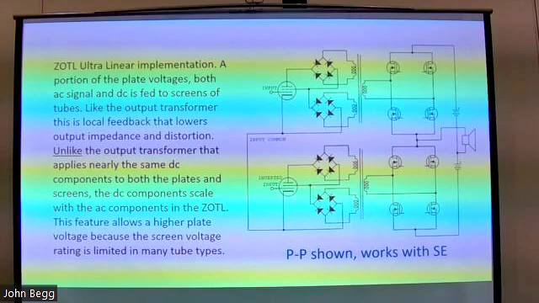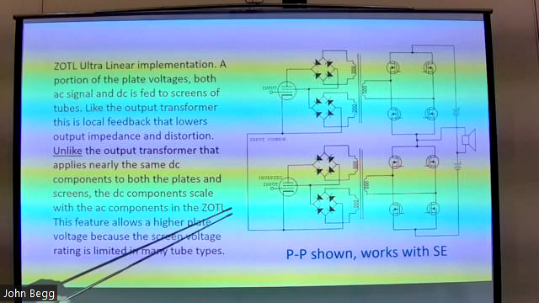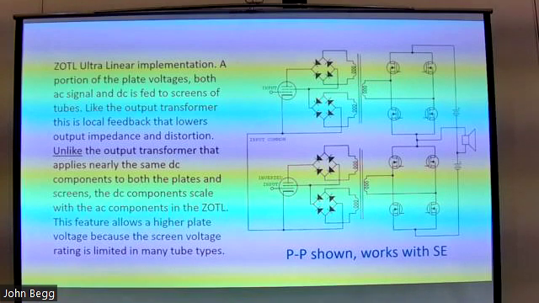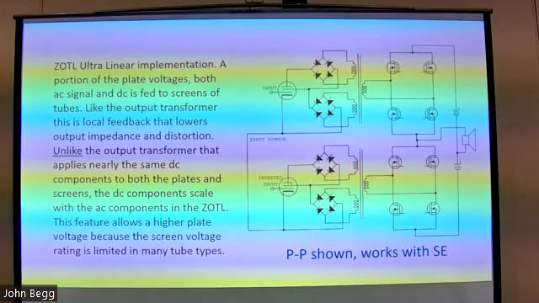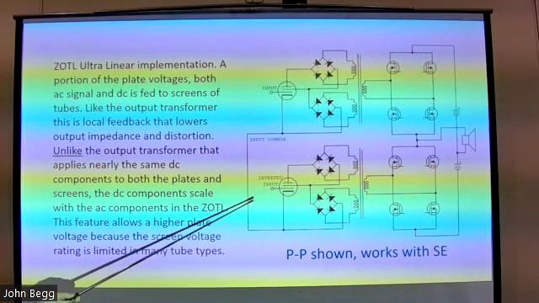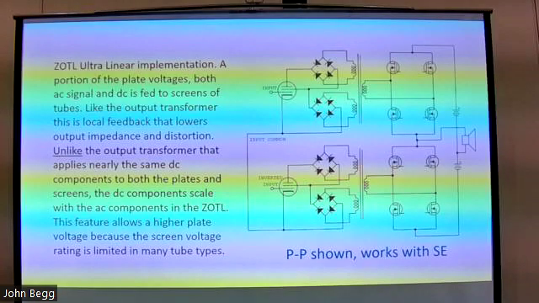Or alternatively, I can put much higher voltage on the plate than the tube is rated for, because breakdowns in tubes due to voltage are caused by high fields in the grid to cathode region, but the plate is separated from all those. So you can put a much higher plate voltage on the tube than you might think you could, provided you keep the screen voltage much lower, because the screen voltage actually determines the bias on the cathode to grid to a large extent.